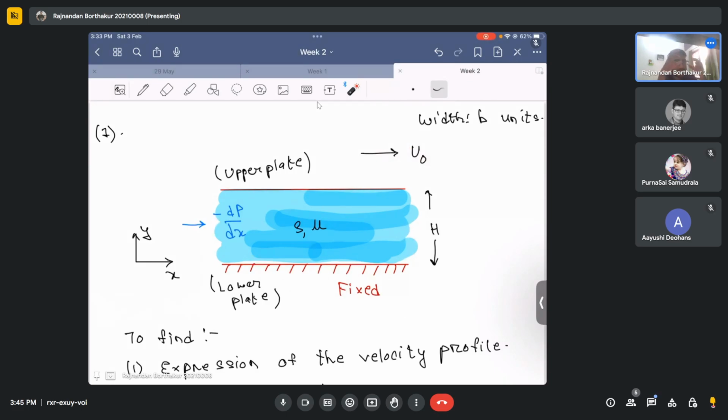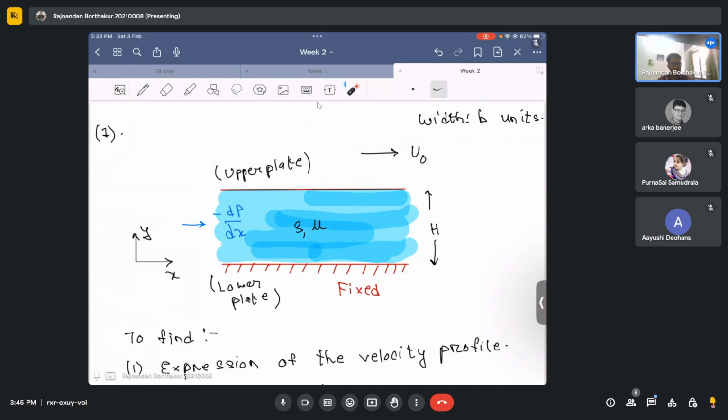In addition to this, we are also applying a pressure gradient in the x direction, which drives the flow from the high pressure region to the low pressure region, in addition to the movement of the top plate. The width of this system is taken as b. For simplicity, you can take b equal to 1, or any value of b, that's up to you.